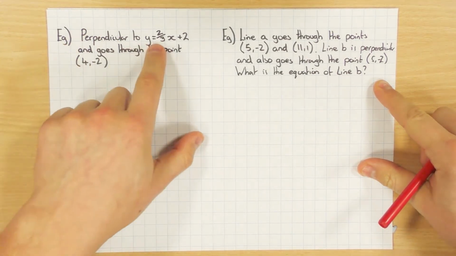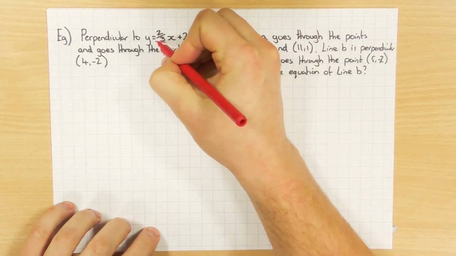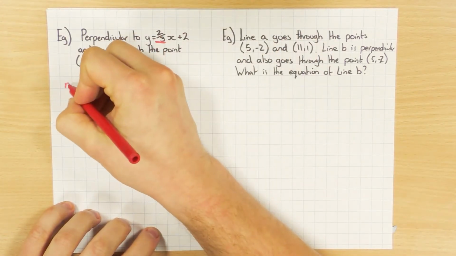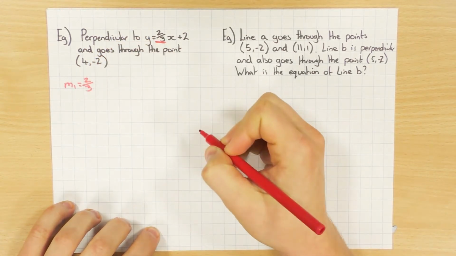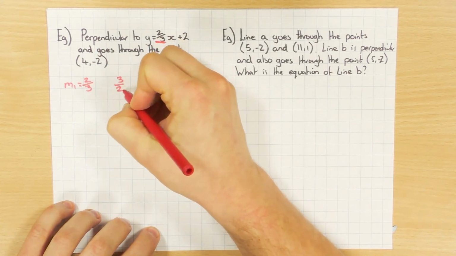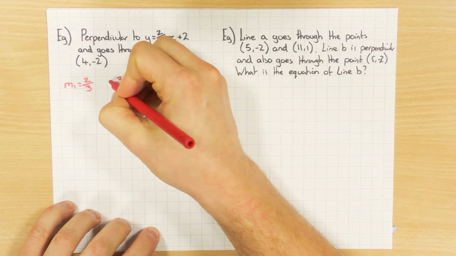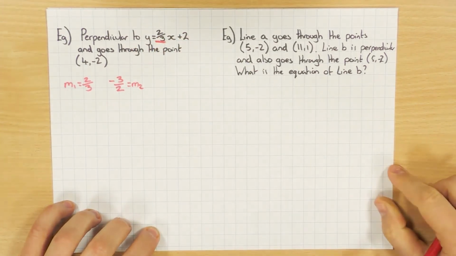I'll just pick this as an example because it's got a fraction as the gradient. So again, what's the gradient of this one? It's 2/3. So to work out the perpendicular gradient, I'm going to flip the fraction. So it's 3 over 2, and because that's positive, I need to make this one negative, and that's going to be my perpendicular gradient.